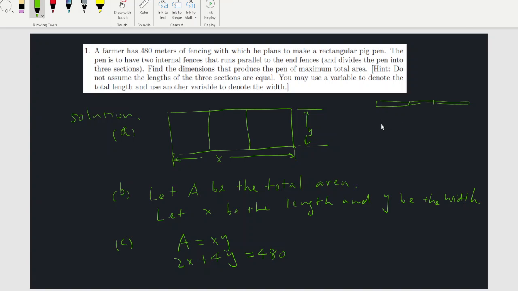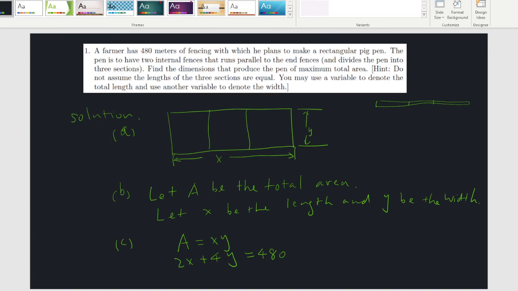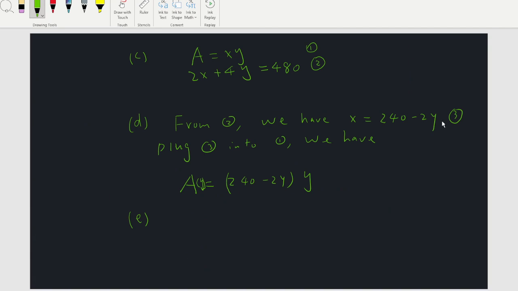I'm trying to say the value of y can be any positive number, but it cannot be 0. The y value is greater than 0.